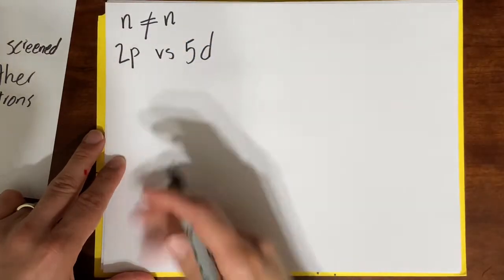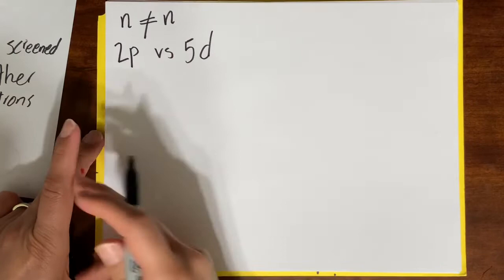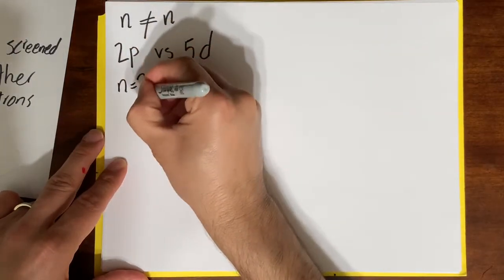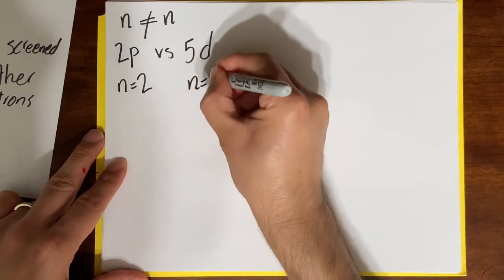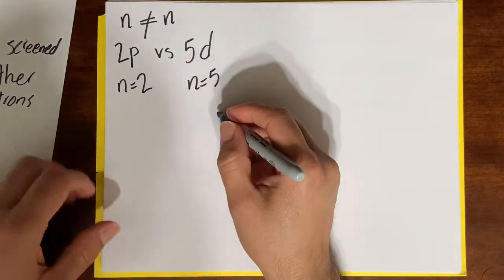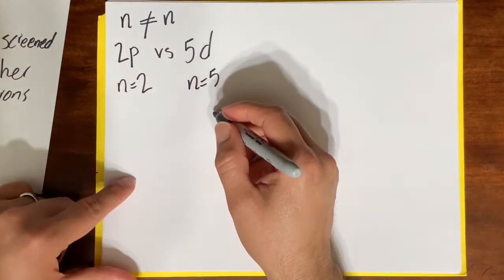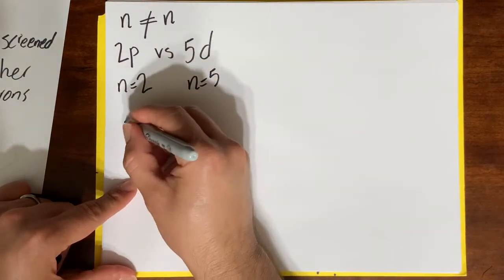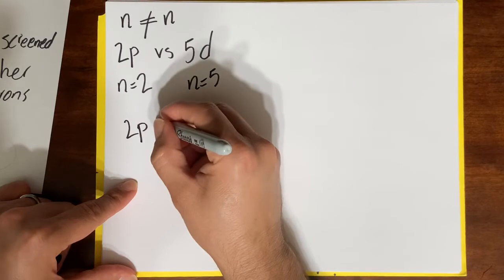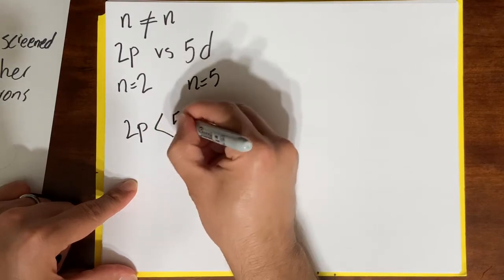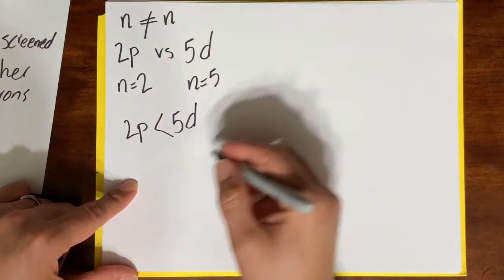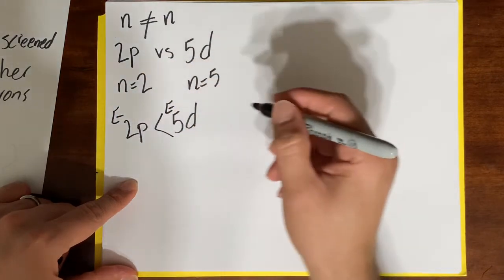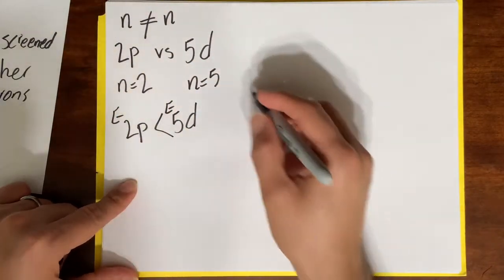You want to order them based on their energies. You go with n. The one that has the lowest n will be the most stable orbital. So 2p will be lower in energy than 5d. Okay, so you can say energy of 2p is less than energy of 5d orbital.